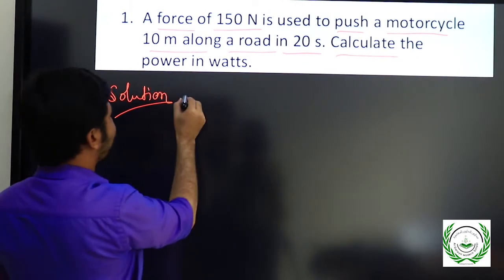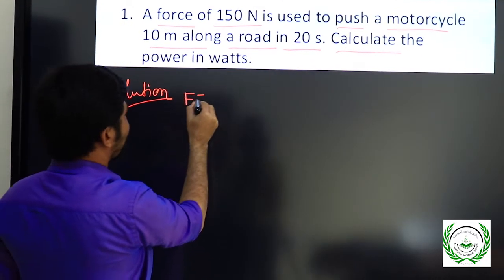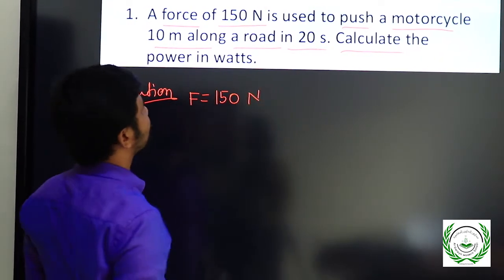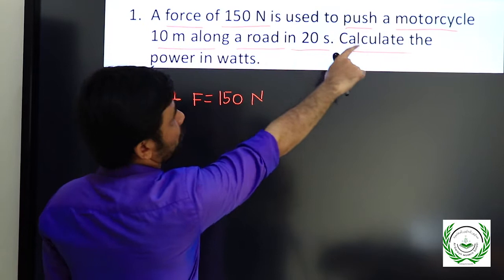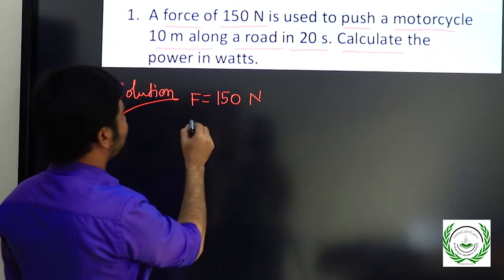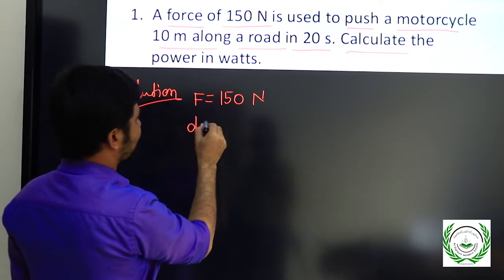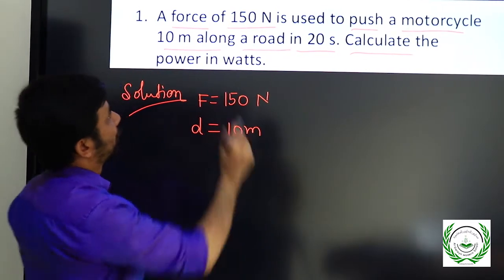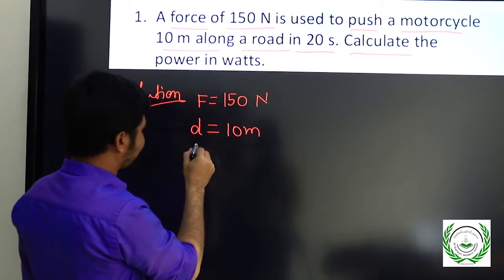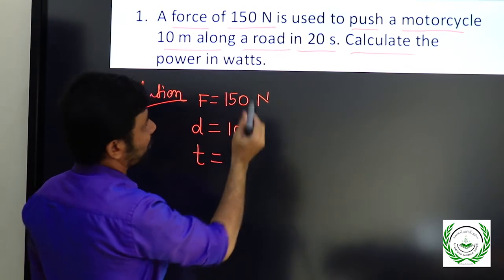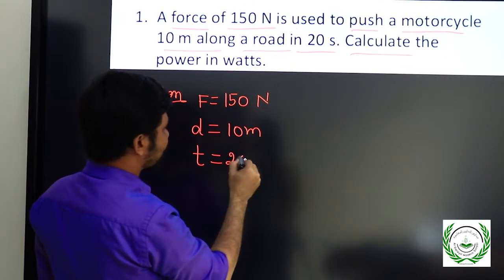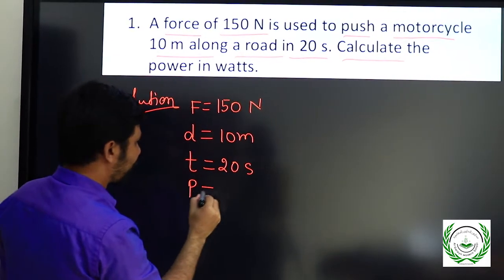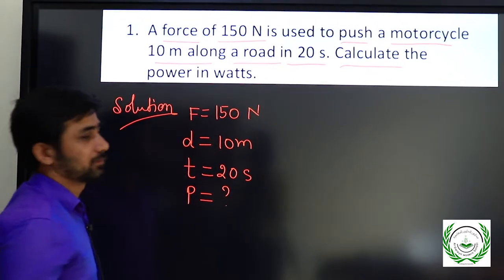Force is equal to 150 newtons, used to push a motorcycle 10 meters, which means distance is 10 meters, along a road in 20 seconds time. It tells about time, 20 seconds. Calculate the power, so he is asking to find the power.